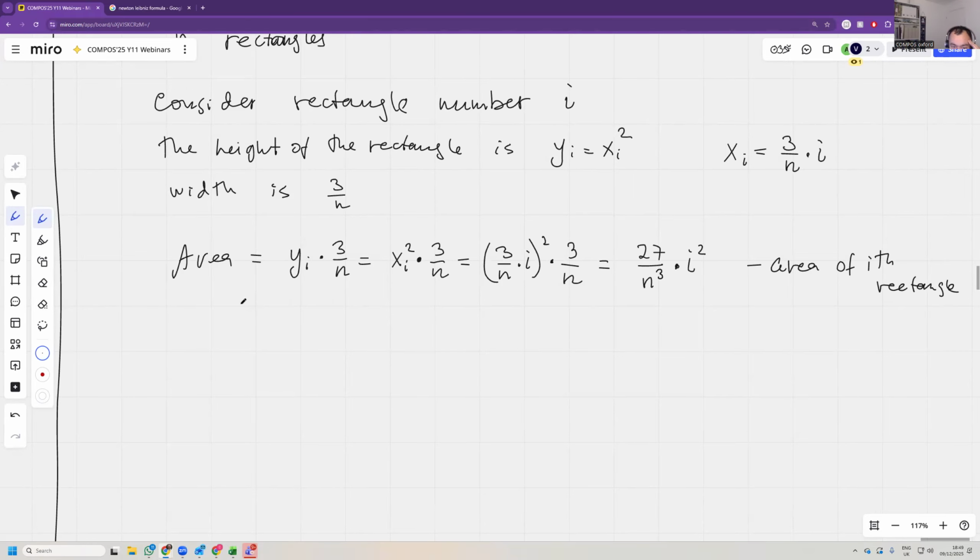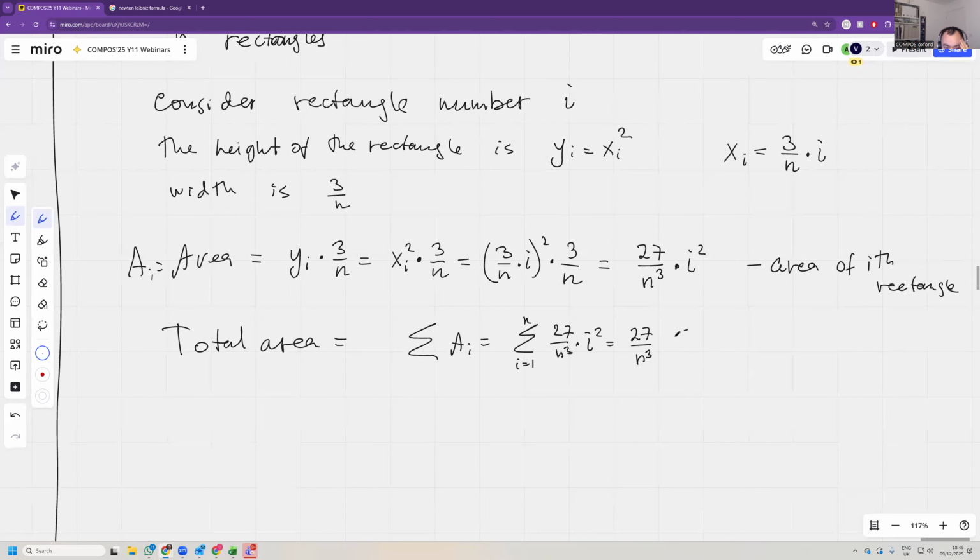But there are n rectangles in total. So the total area is the sum of all the areas Ai, which is the sum of 27 over n cubed multiplied by i squared, where i is from 1 to n. That's 27 over n cubed times the sum of i squared, where i changes from 1 to n.